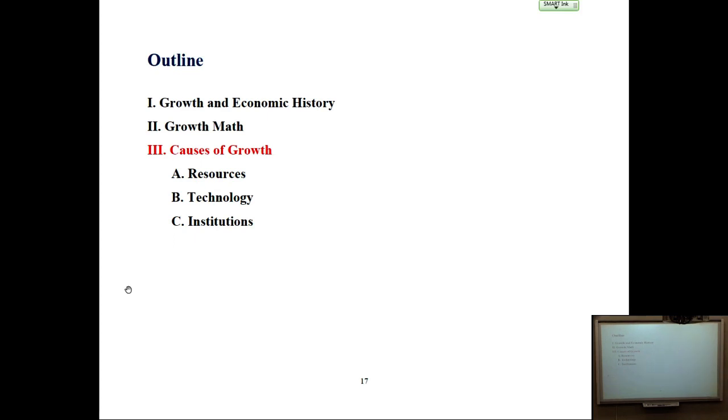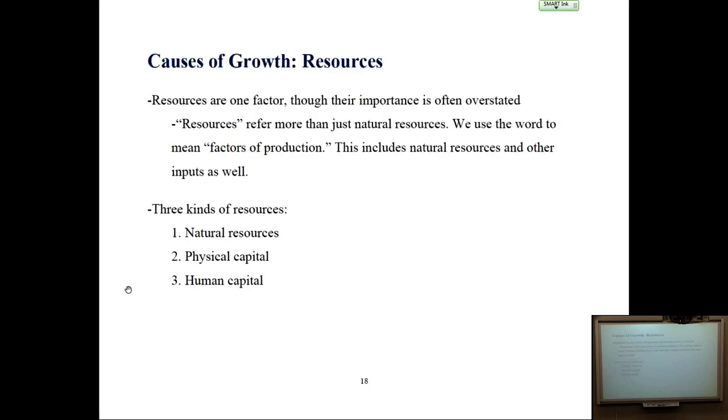Within that first category of resources, we're going to split it up into three subcategories. So, the first time you heard about resources, you probably thought natural resources. That's one kind. We're going to take a broader view of resources being basically factors in production. So it's going to include two other things as well.